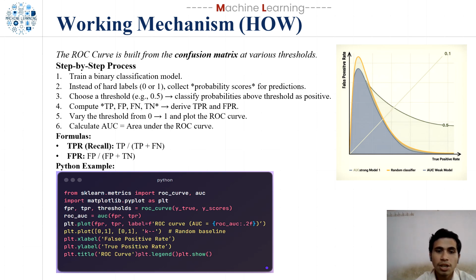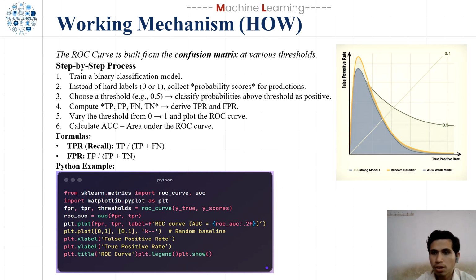Here is a simple Python example which helps us understand how the AUC and ROC curve are obtained, and we have plotted it using matplotlib. This provides both the ROC curve and the AUC value.